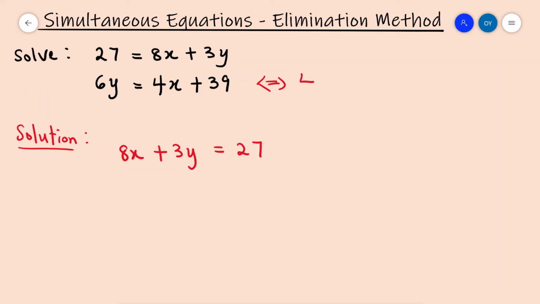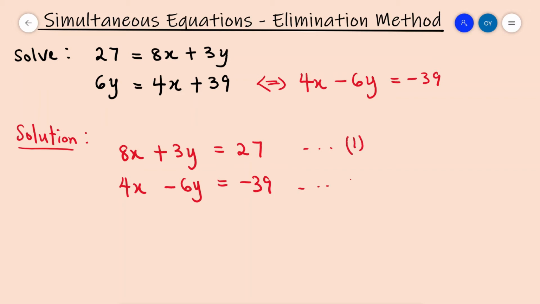So we have 8x plus 3y equals 27. But for the second equation, we have it to be 4x minus 6y equal negative 39. Equation 1, equation 2.